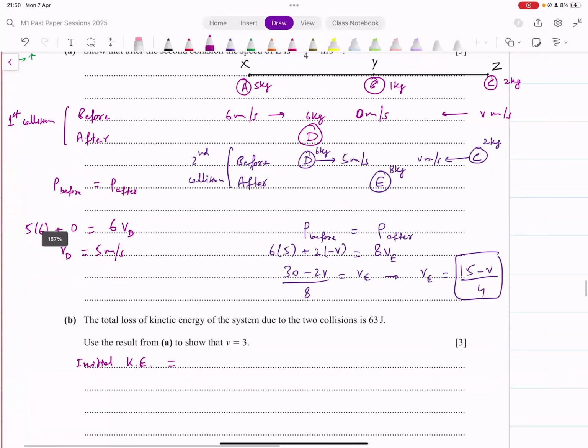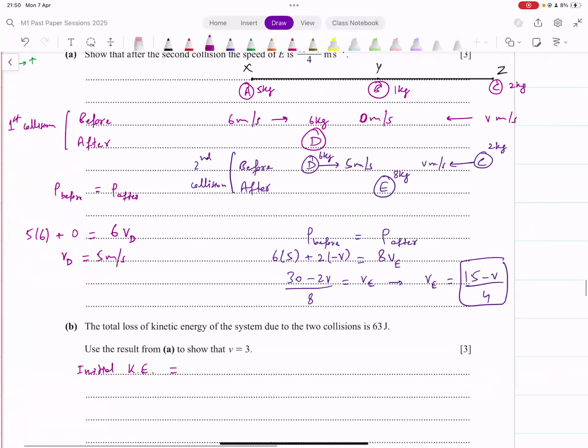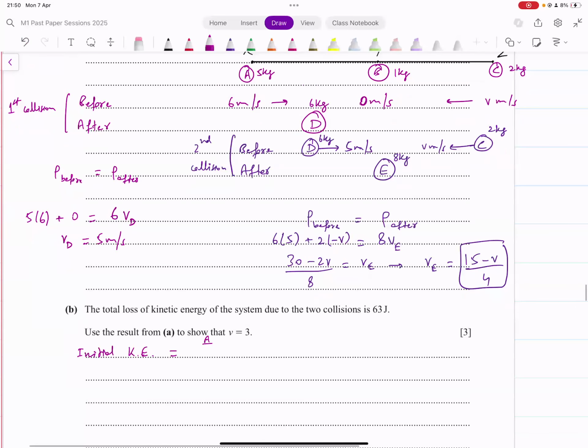We had A moving at 6. For A, the kinetic energy would be 1 over 2 times m, which is 5, times 6 squared, plus the kinetic energy of B, that was just 0 because it was at rest, plus the kinetic energy of C, half m v squared, that's half times 2 times v squared.